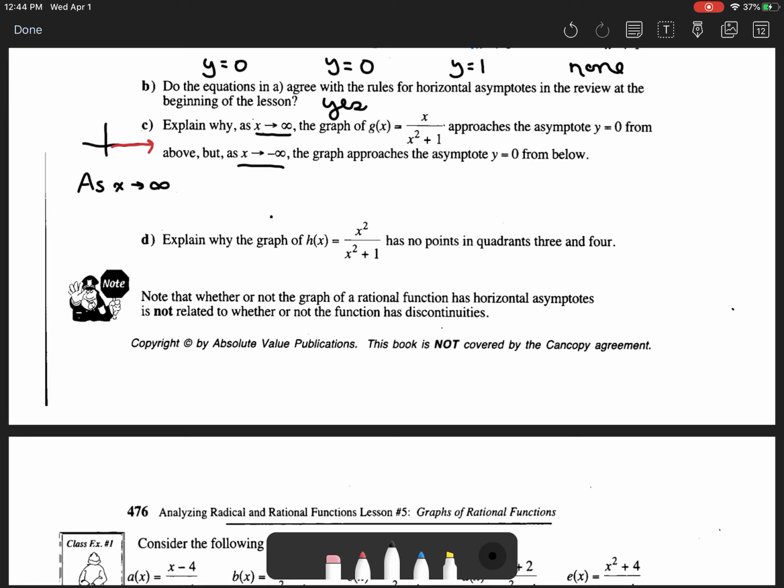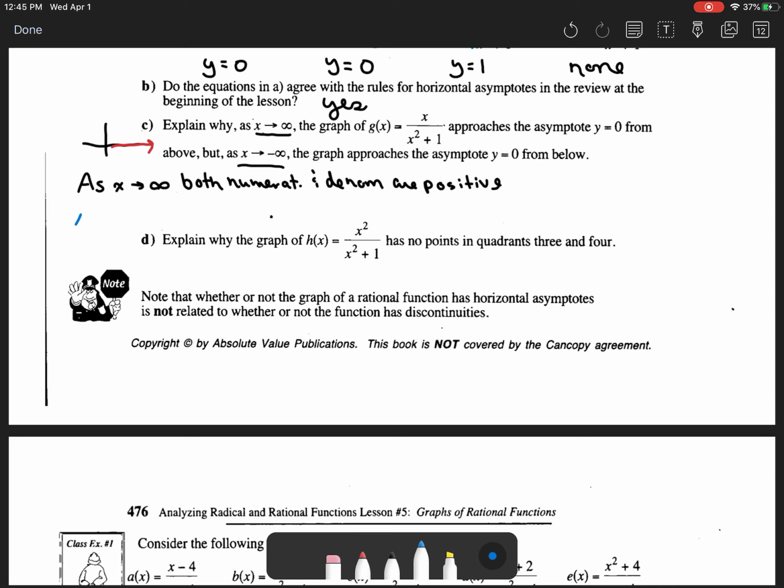So as x approaches positive infinity, both numerator and denominator are positive. So you can't make them negative because you're going to be substituting in positive values for x. So both numerator and denominator will be positive.